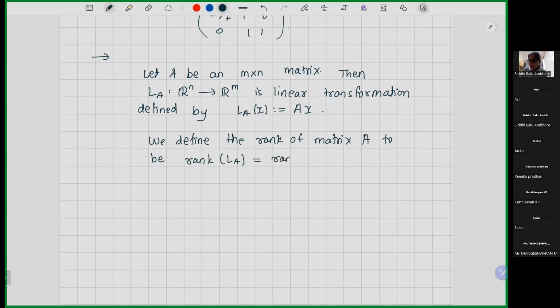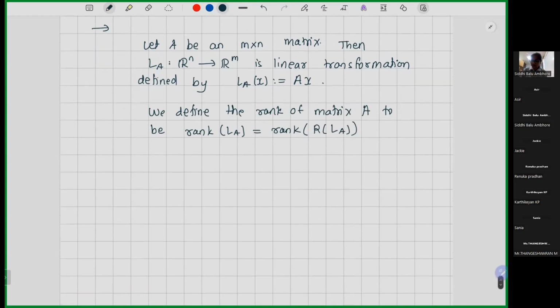And we know that the rank of a linear transformation is the dimension of the range space of this linear transformation. So this was the definition.